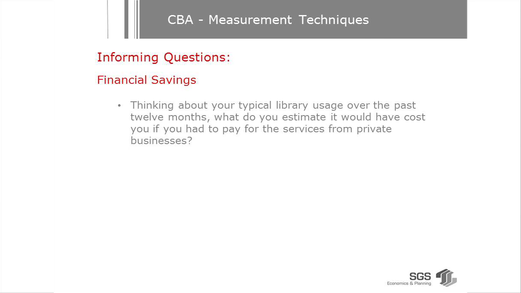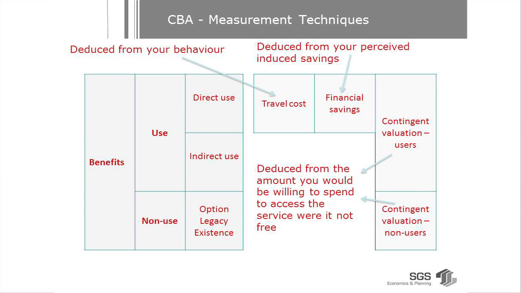The third method was the contingent valuation method. As Andrew said, it's deduced from the amount you would be willing to spend to access the service were it not free. So were it not a public service, how much would you be willing to spend to have that service available? We looked at it from both the user and non-user perspective.